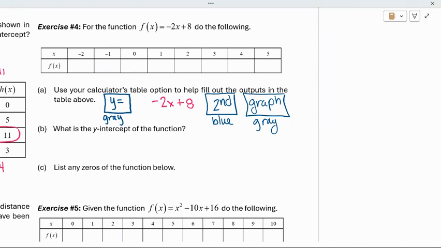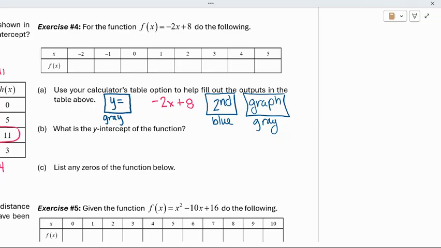Second graph. Okay, Michelle, did you get it? Y equals -2x, where's your x, plus 8. Second graph.